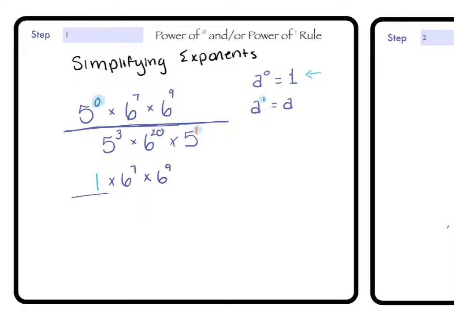I'm not changing any of that right now. 5 to the 3rd power doesn't change. 6 to the 20th power doesn't change. 5 to the 1st power, remember that we just want to make sure that it equals itself. If there was an unnecessary 1 there, we're just going to have it equal itself. It wasn't there at the beginning, so really I'm not changing anything. It's just going to stay at 5. But again, just make sure that we know that there is a 1 there.